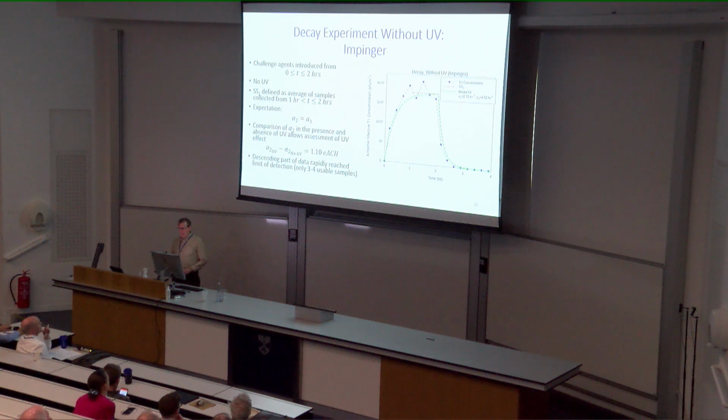Okay, there's another experiment that we did, which was the decay experiment without UV. Now in this case, the values of alpha 1 and alpha 2 should be the same because we're not using UV. If you go back to the messy math that I presented a few minutes ago, the difference between alpha 1 and alpha 2 is that alpha 2 accounts for the effect of UV.